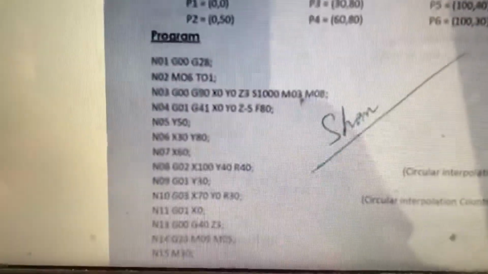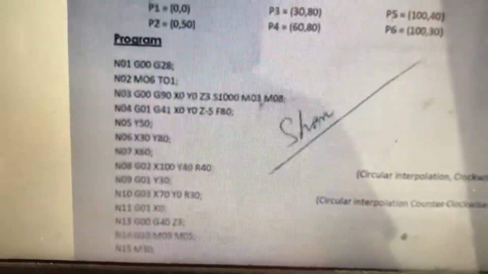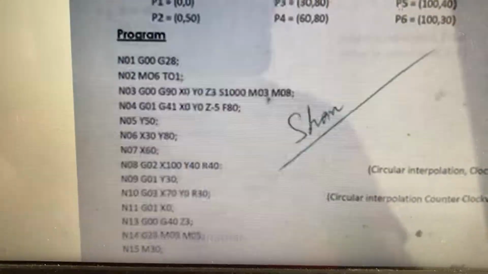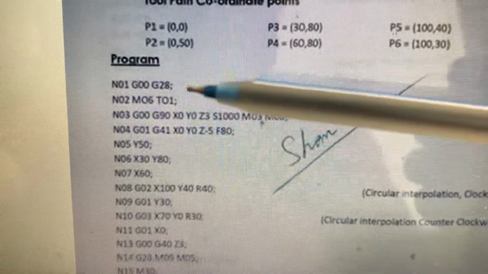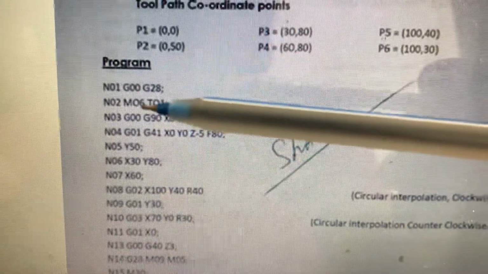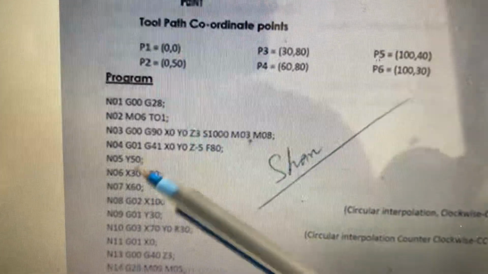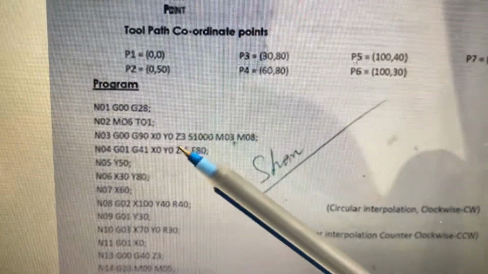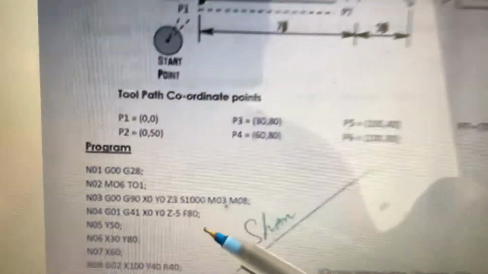And as usual, it has three phases: the setup phase, the cutting phase and the end program phase. The setup phase is normally the first three blocks, that is G00, home point G28 machine home point, then change tool number 1, then G00, G90, X0, Y0, means it is coming to this point X0, Y0, and Z is plus 3.